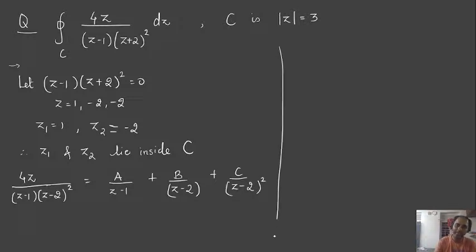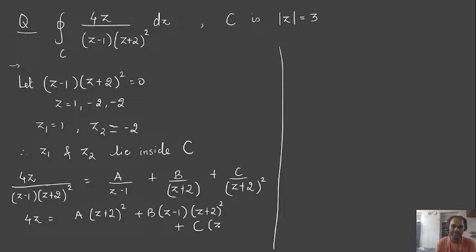You can calculate the partial fraction here. So you will get 4z is equal to a into (z plus 2) the whole square, plus b into (z minus 1)(z plus 2), and here c times (z minus 1).